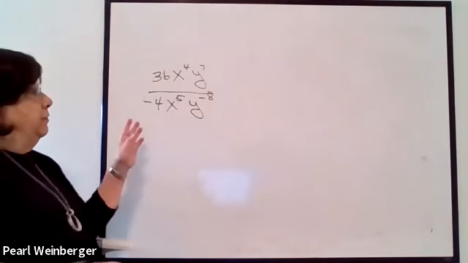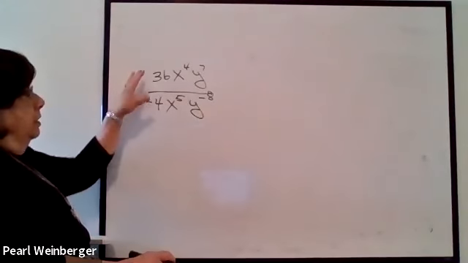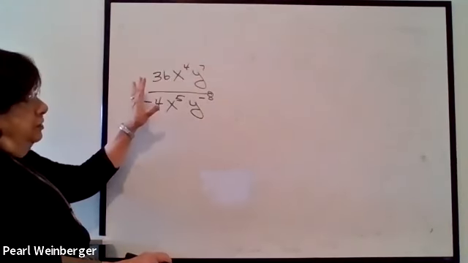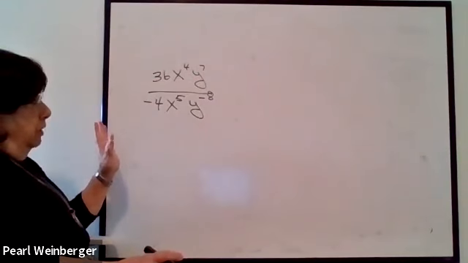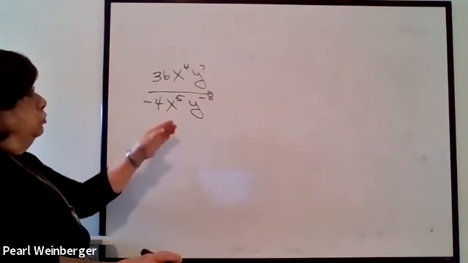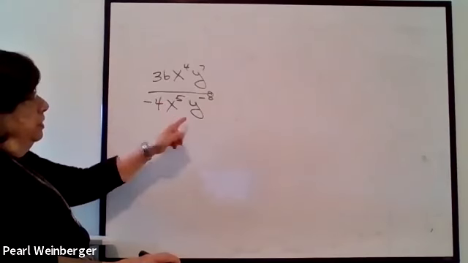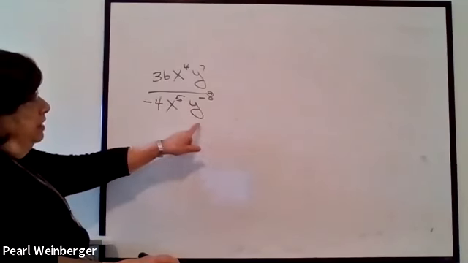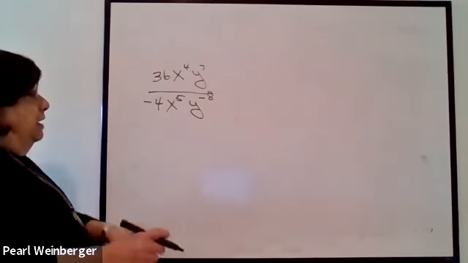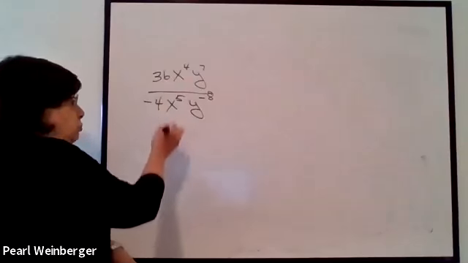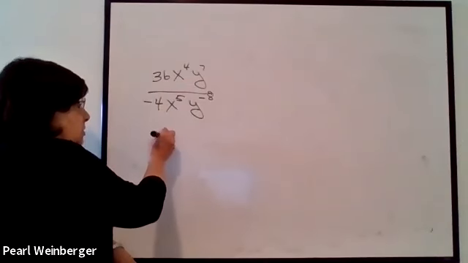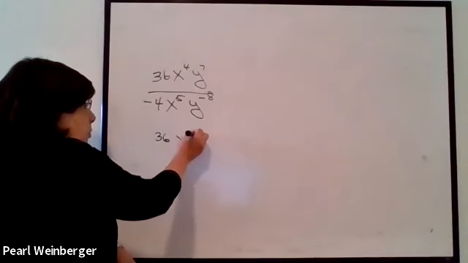Okay, I think you had enough time for this. Again, there are no parentheses here, so I don't have to do anything with parentheses, but I do have to see what to do with this thing that has a negative exponent. And actually, I'll just rewrite it as 36 x to the fourth y to the 7.